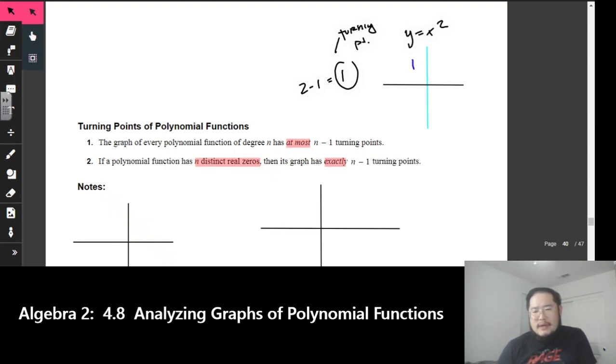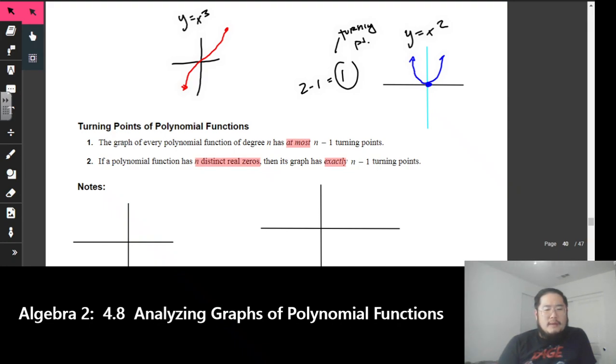Because if I were to graph this right here, lo and behold, there's my parent function, and there's 1 turning point. That's where the function actually turns. It reaches its maximum or minimum, and then it changes directions. Now it says at most, because it's not always going to be true. If I have y is equal to x to the third, remember this function from earlier in the school year, it looks something like this, and there really are no turning points.